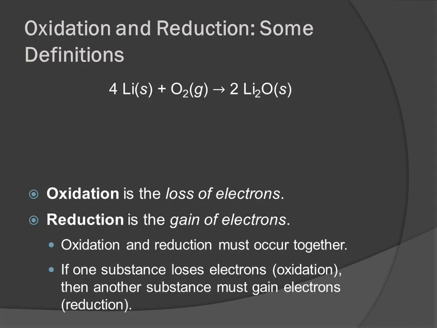Another way is in terms of electrons. Now, if we look at this chemical equation, lithium plus oxygen to form lithium oxide, we see that the lithium is gaining oxygen, right? Let's look at what's happening with these elements.